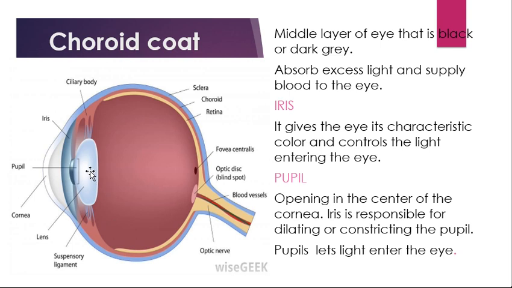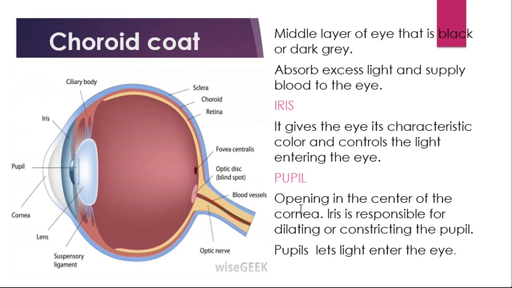The brown, black, or blue color that we see in the center of the eye is, in fact, the iris. The colored part, either blue, black, or brown, is the iris, which is exactly behind the cornea. Along with the pupil, the iris controls the light entering the eye.